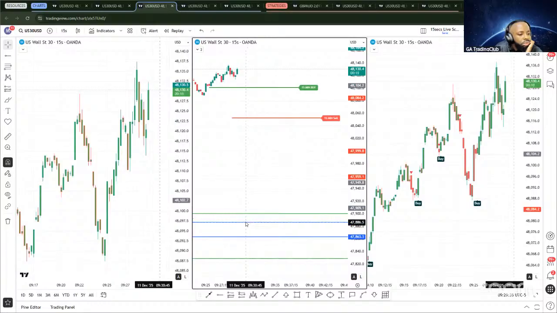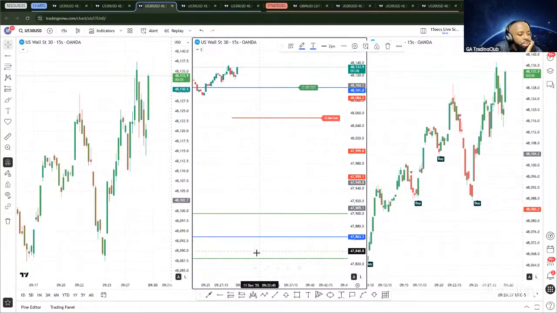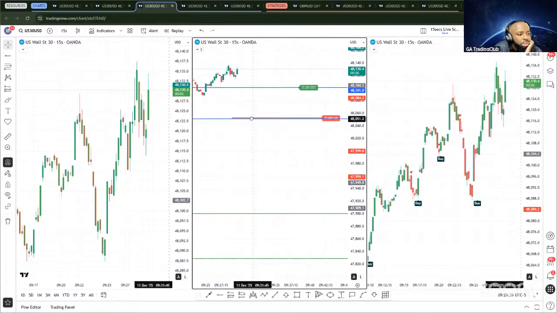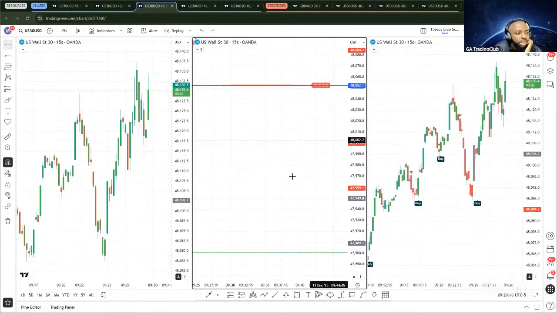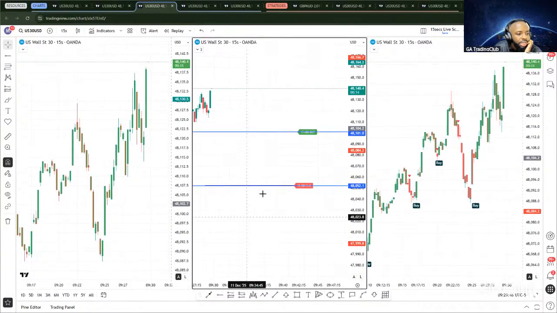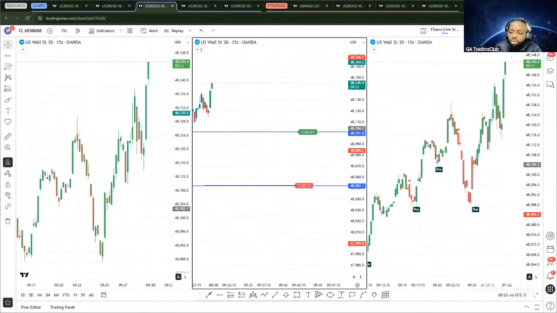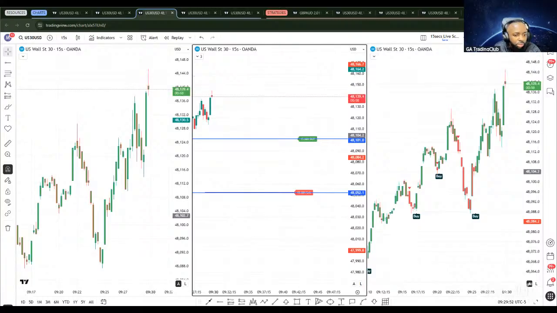Push these blue lines here. Remember for these areas, this is when I mentioned that if price gets to any of these zones, I would be looking to take buys as well. So let's see how this goes.